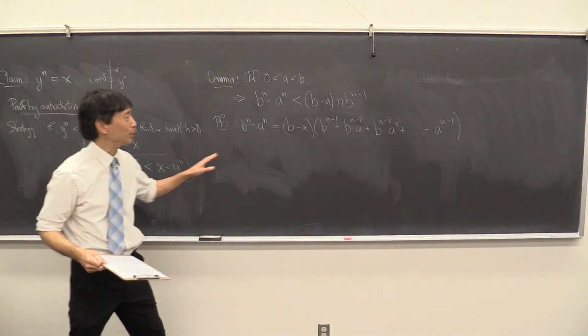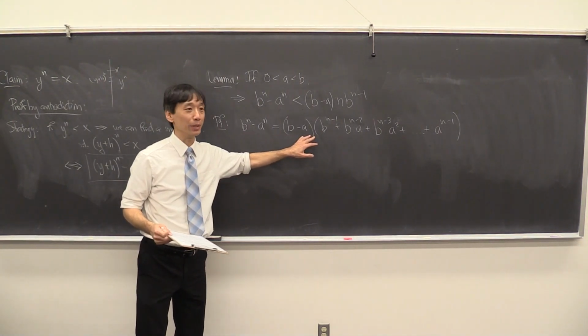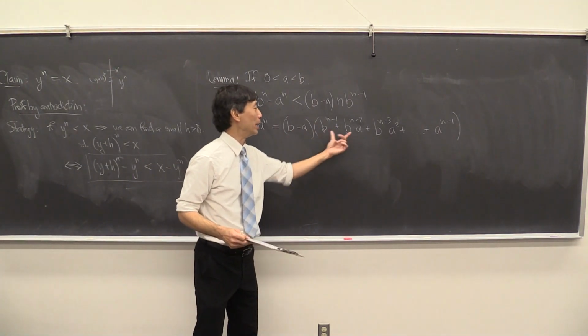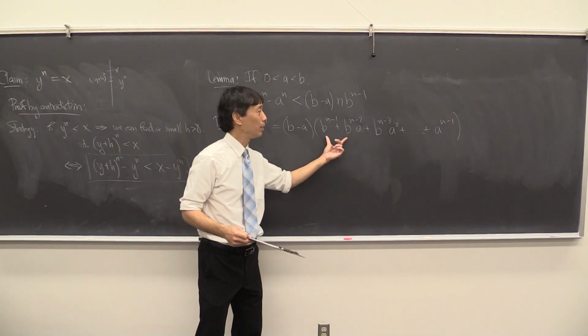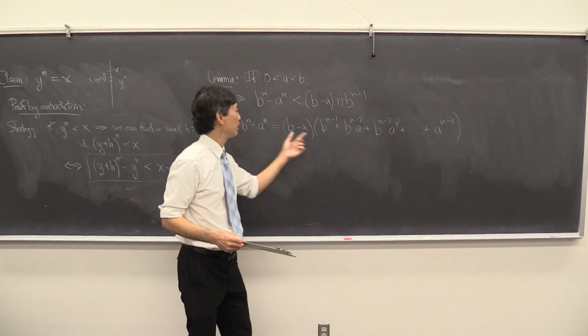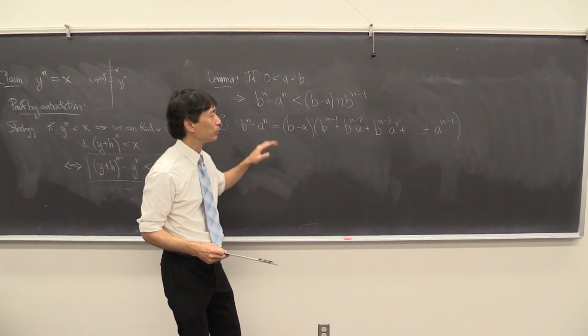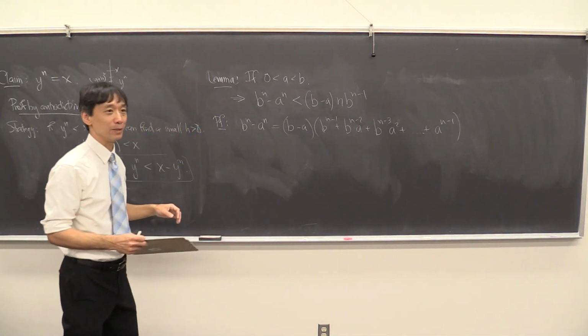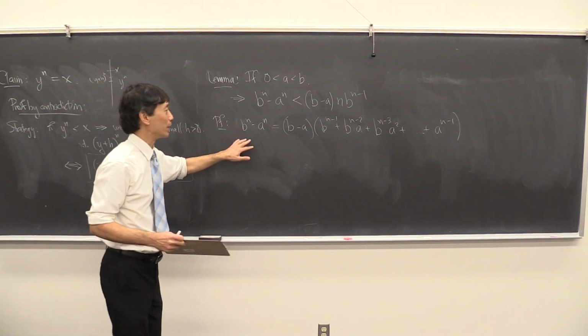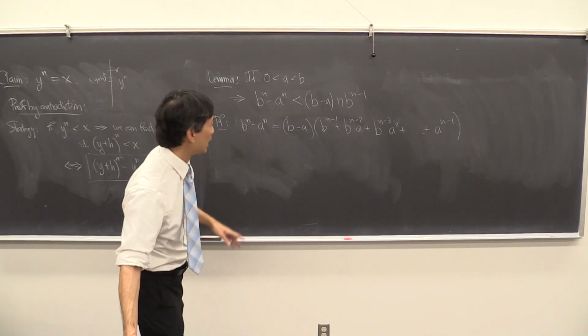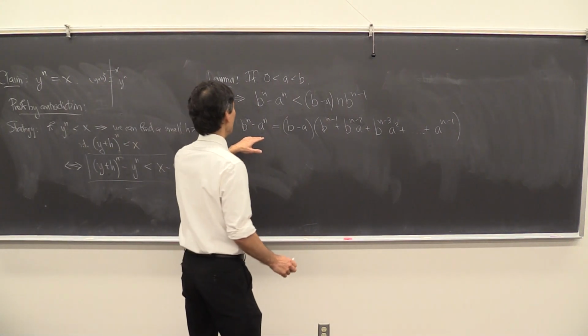Okay, so this is just an algebraic observation. If you want, you can just multiply these two things together. You'll see that a lot of cancellation occurs, and then you get b to the n minus a to the n, right? It'll take you 10 or 30 seconds to do it. Okay, so there's this algebraic observation.